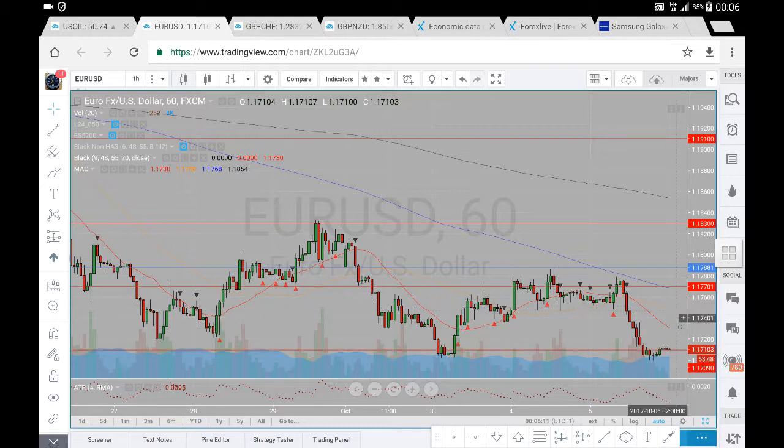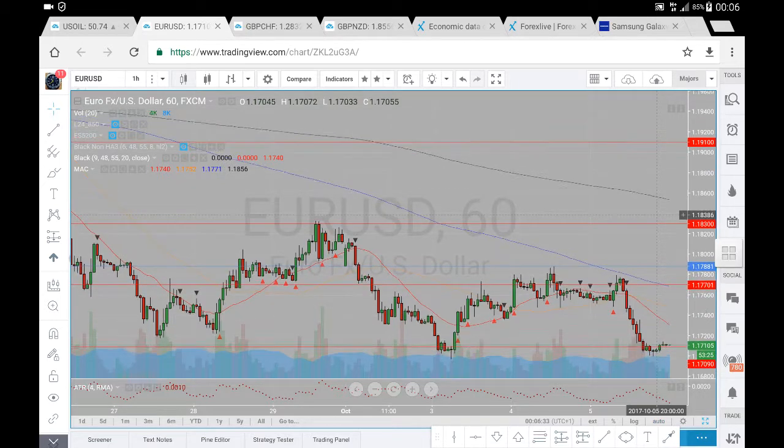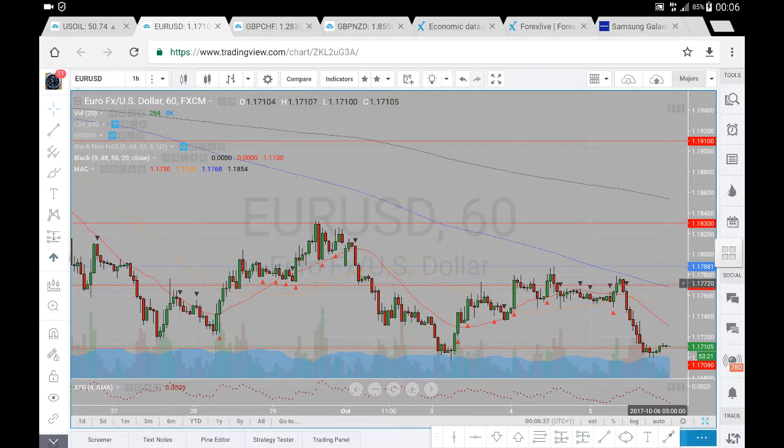Now, if we do hold that level, although I do expect prices to go in a bit of a range until NFP, if we do hold that level and the data points to a bullish move in the euro against the US dollar, so say the NFP is a hell of a lot weaker than expected, then we could go back up to test that 1770 level along with this 200 period moving average.